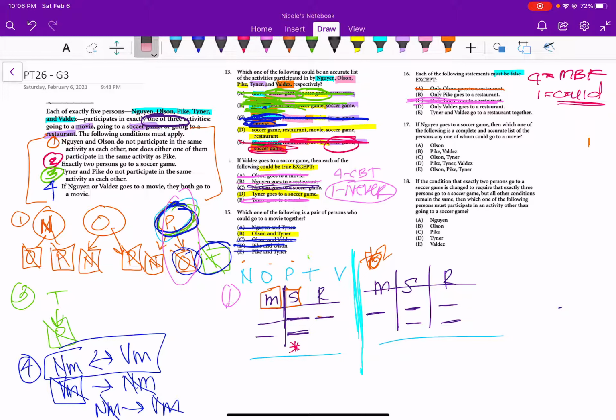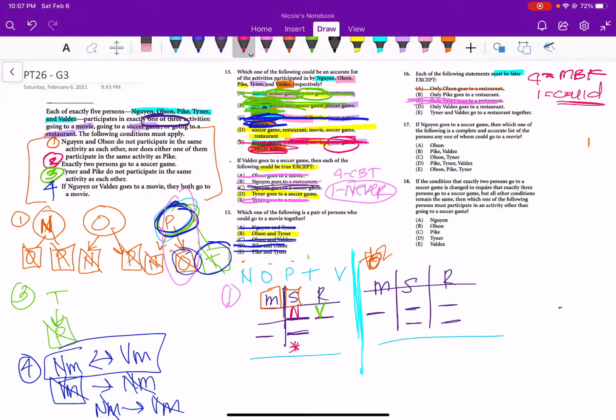All right, for D, only V goes to a restaurant. So if we put V here, this changes it up just a little bit. This would mean that N would have to go to the soccer game because it couldn't go to the movie without V. And then we have O, T, and P left.